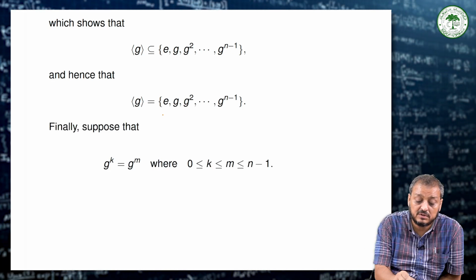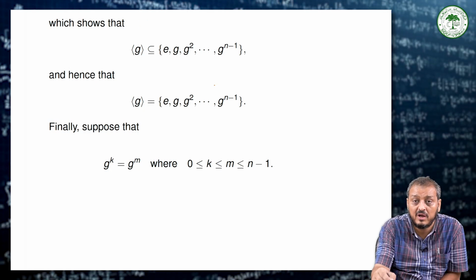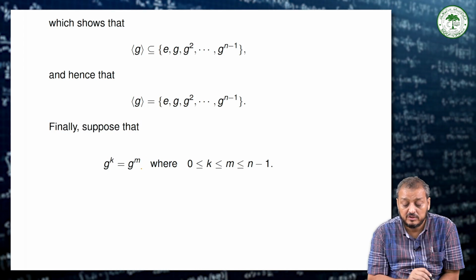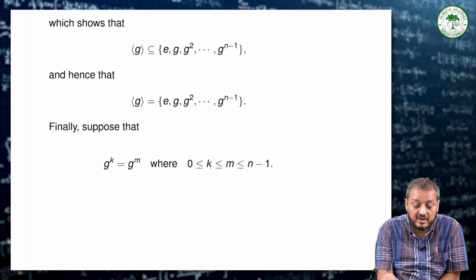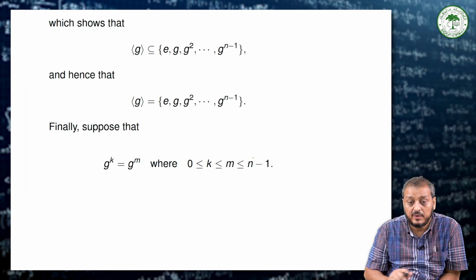Finally, suppose g to the power k is equal to g to the power m, because we have to show that all are distinct. So we assume that g to the power k is equal to g to the power m, where k is less than or equal to m, both at most n minus 1.